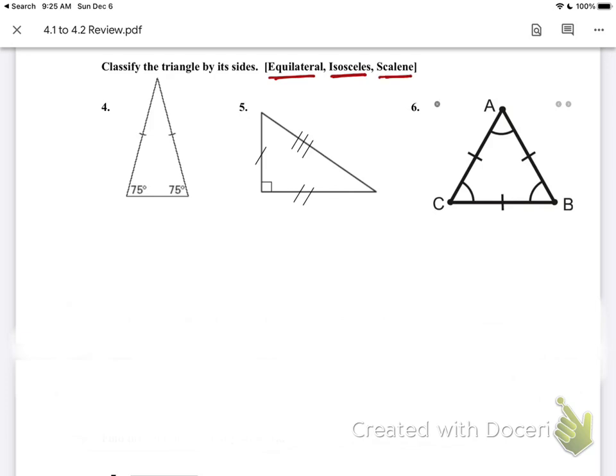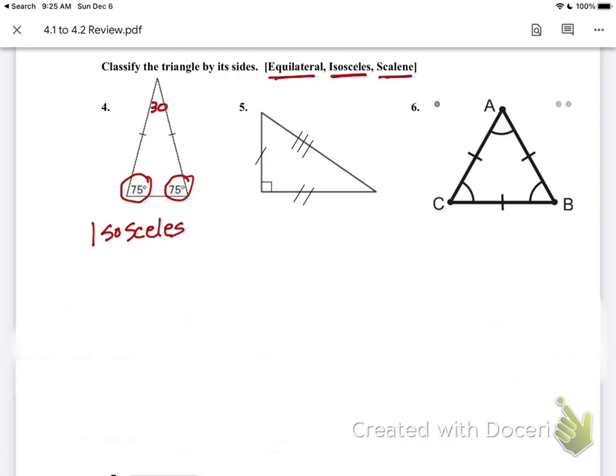Okay, you should go back and look at your notes if this vocab is not coming back to mind quickly. Okay, so looking at this first triangle, since I have two angles the same, and I know this is the problem I had previously, so I remember that this is 30 degrees up top, that makes this isosceles.